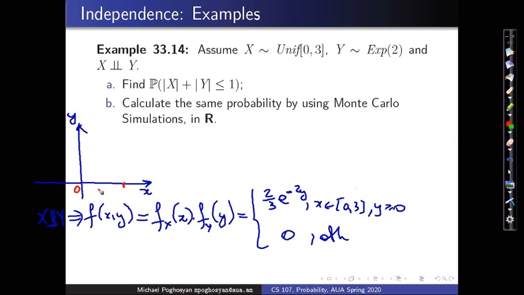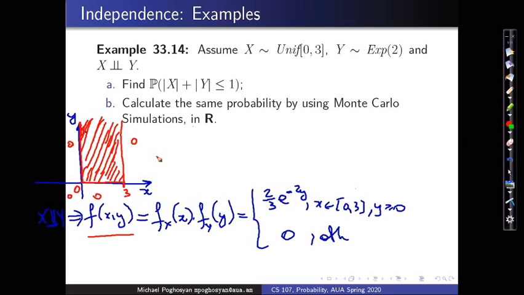X is moving from 0 to 3, and Y is non-negative, so Y is above this line. I will have the following half strip. In this region, our joint PDF is given by this formula. Otherwise, our joint PDF is 0.